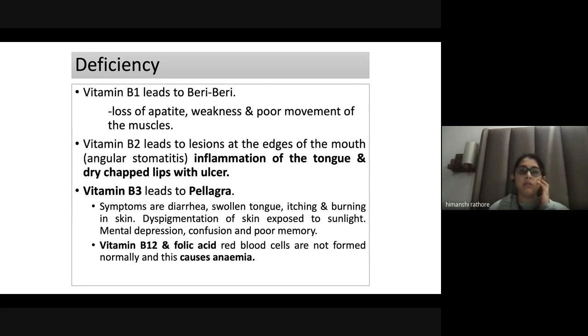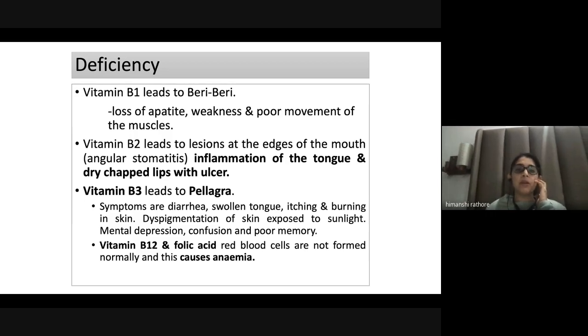Vitamin B1, which is thiamine, leads to a condition known as beriberi. In this, there is loss of appetite, weakness, and poor movement of the muscles. So if you are deficient in vitamin B1, if you are not taking cereals, that is wheat and rice, in appropriate amounts, your body will become weak and your muscles will become tight.